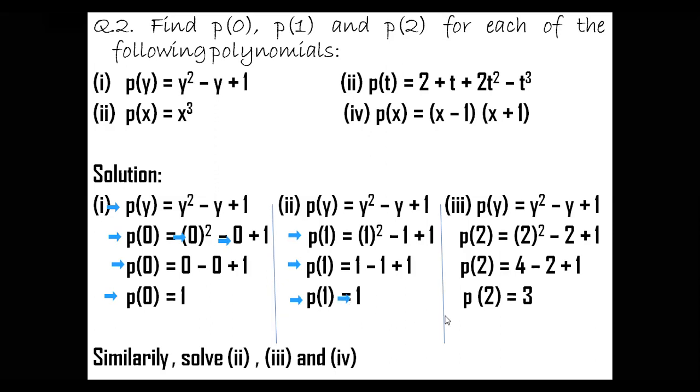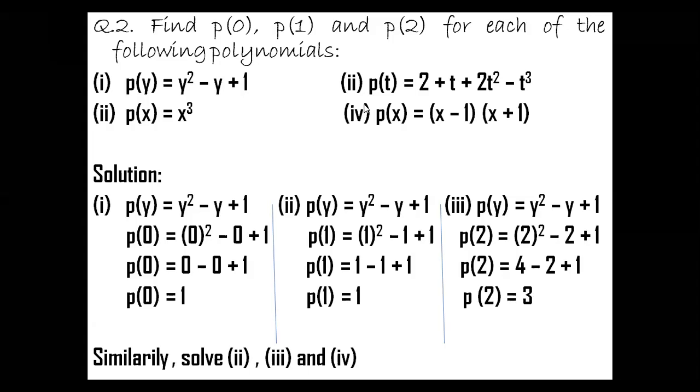Okay, now let us get into the last part of this question, wherein I am expected to replace the value of y by 2, that is P of 2. So now let me replace and find the value of P of 2.